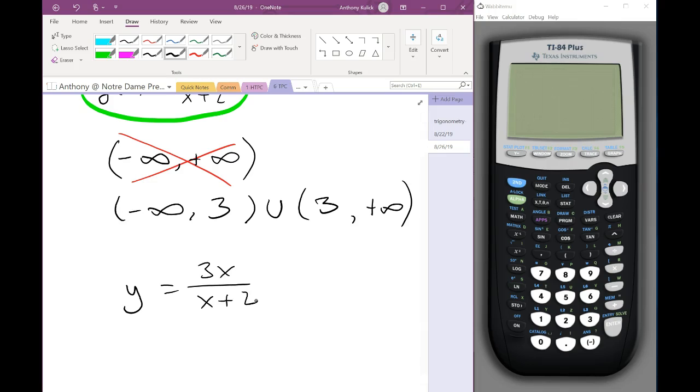So if I'm doing this by hand, again, basically what I want to do is start getting the x by itself. So what would I want to do as my first step to get the x by itself? Anybody have a good suggestion here?